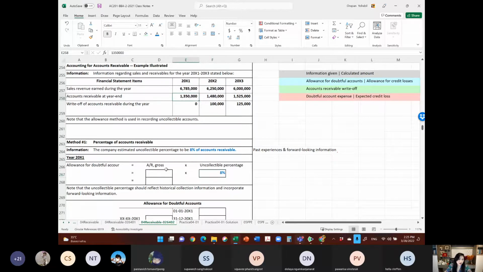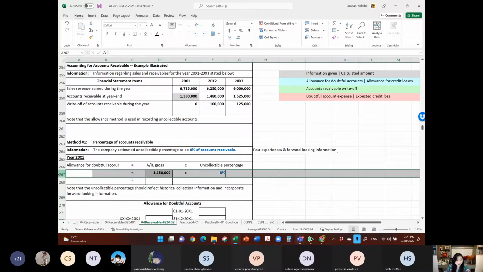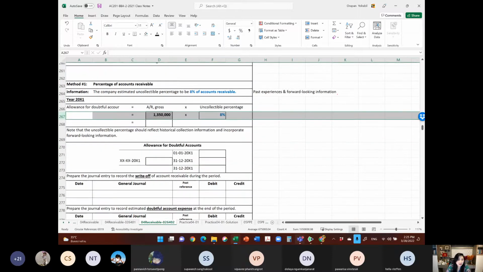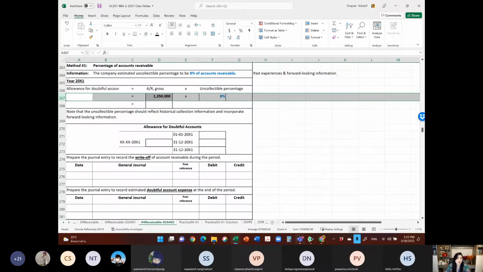And then over here, from the information given, you can see that the balance of the receivable is 1.35 million. So here, if you take 1.35 million and multiply that by 8%, what do you get? Let me move it up over here.